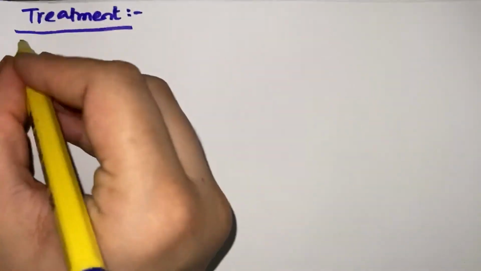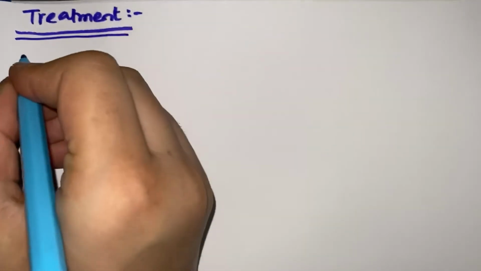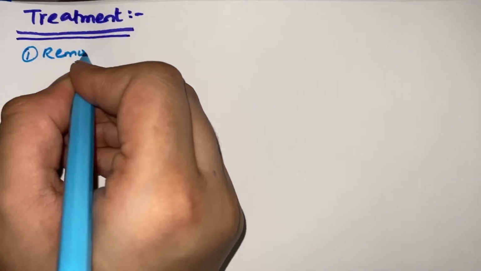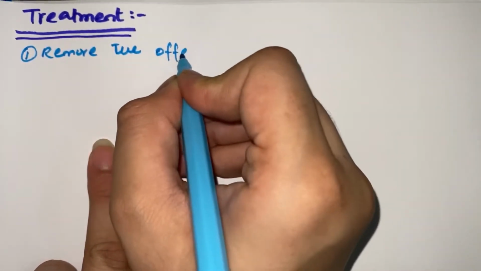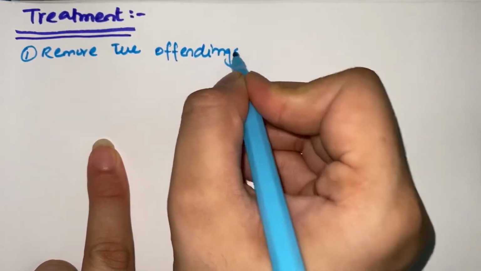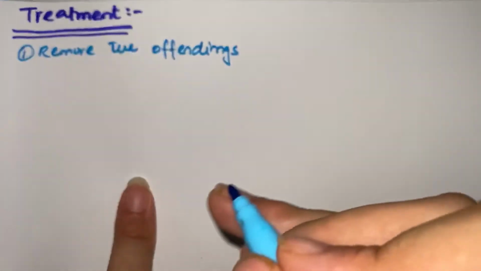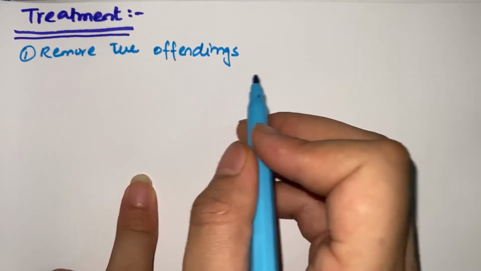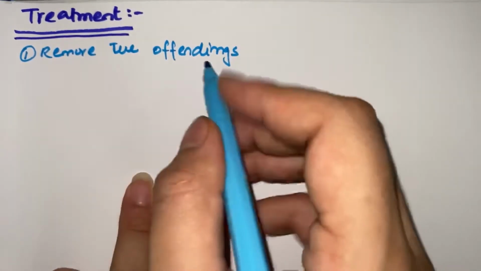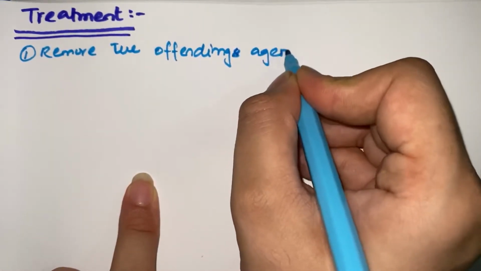So talking about the treatment, our first point is that we will remove the offending agent. So if it's NSAIDs, or the other causes, or in drugs I've explained to you the P's drugs. Fine. So all the offending agents, we will remove.